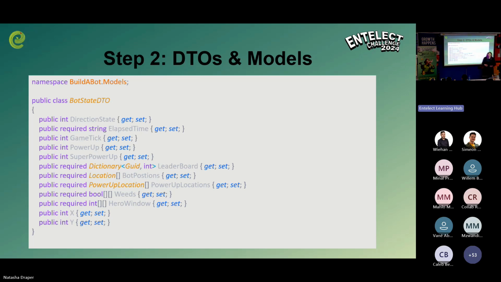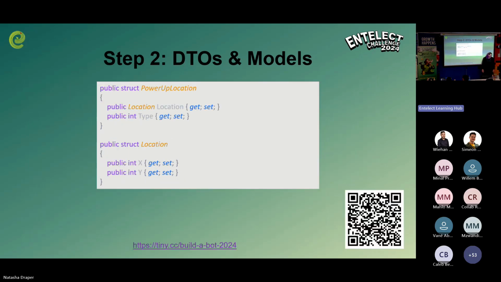DTO stands for data transfer object, if you aren't aware. Basically just refers to a class that's used for sending data between two different services. The different fields all are related to your actual bot in the game. I will go over some of the more important ones in the next section. The get and set you do need to put there, as that's needed for the way SignalR serializes and deserializes the actual models and how it actually communicates.